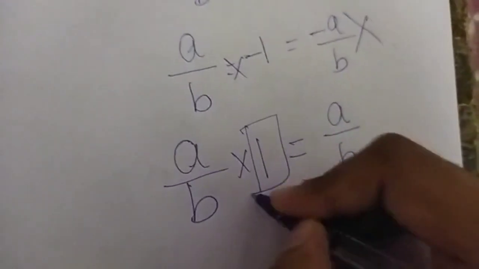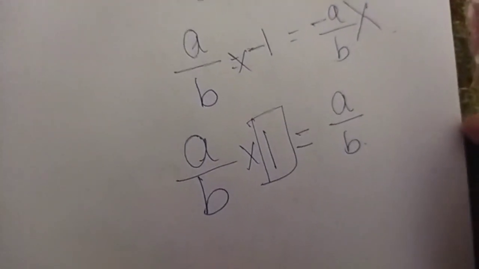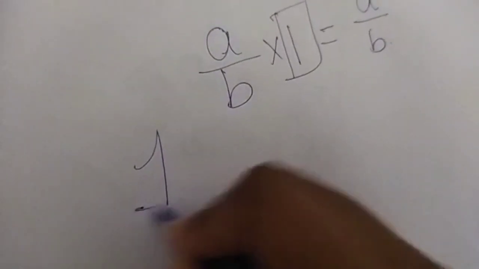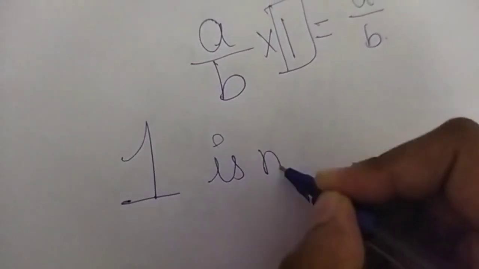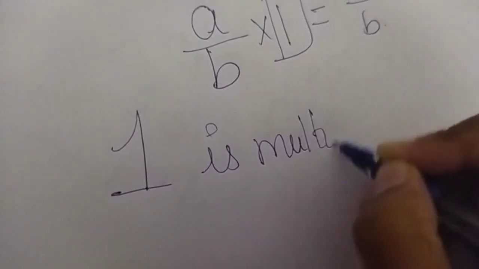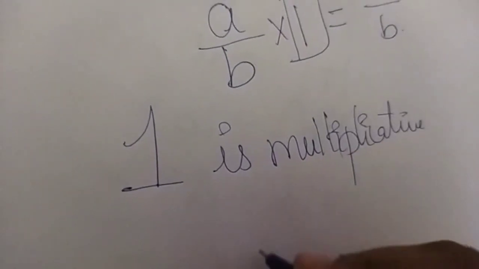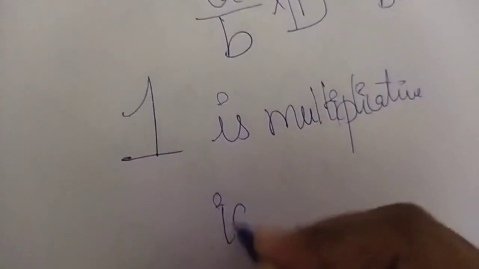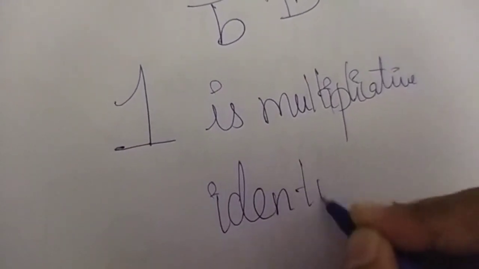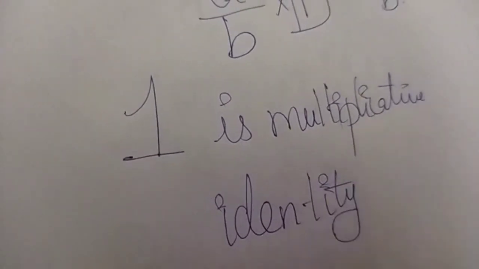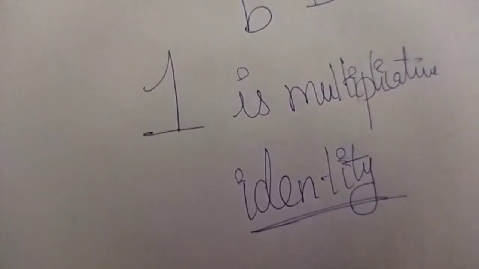So 1, not only for rational numbers, 1 is the multiplicative identity for all the numbers. So what is the multiplicative identity? 1 is the multiplicative identity.